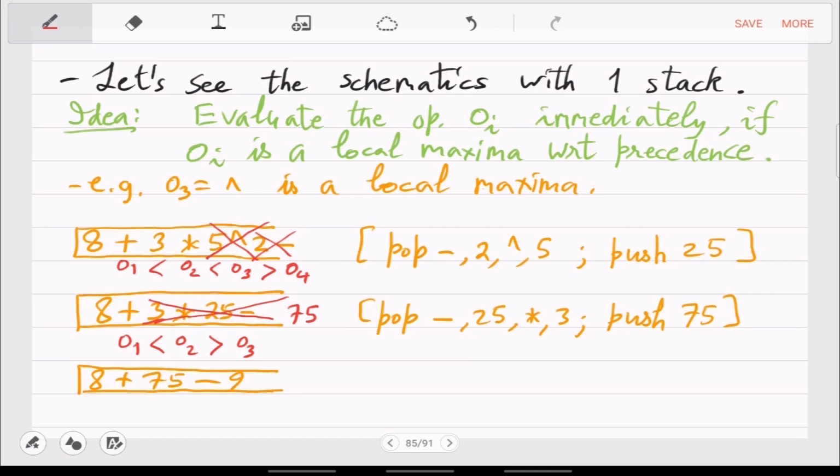No, these are just 2 or 3 scans. So the array is given in the input. As you are scanning the array from the left, you can keep pushing operators into a stack. And while you are pushing, you can check whether you have reached a local maxima. So this is just some constant number of scans. It's order n.